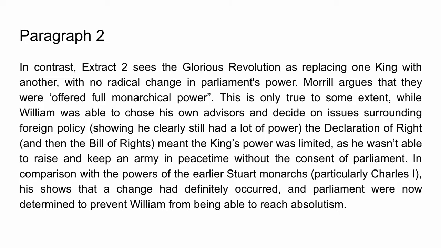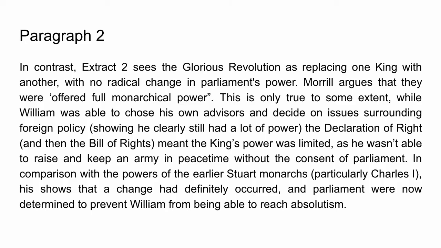It says, in contrast, extract 2 sees the Glorious Revolution as replacing one king with another, with no radical change in Parliament's power. Morrell argues that they were offered full monarchical power. This is only true to some extent. While William was able to choose his own ministers and decide on issues surrounding foreign policy, showing he still had a lot of power, the Declaration of Right and then the Bill of Rights meant the king's power was limited, as he wasn't able to raise and keep an army in peacetime without the consent of Parliament.